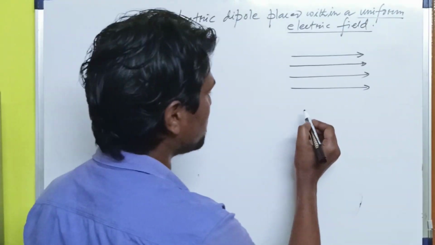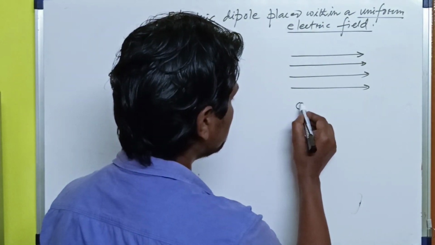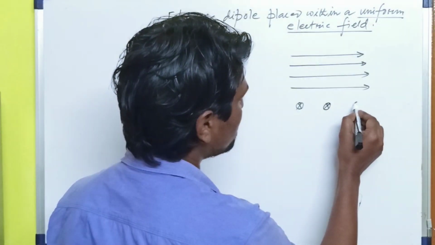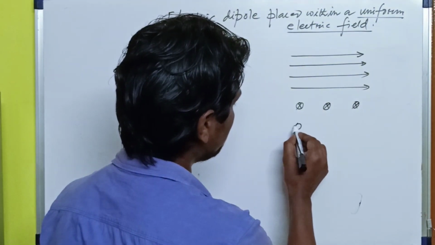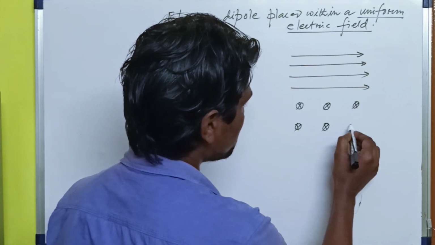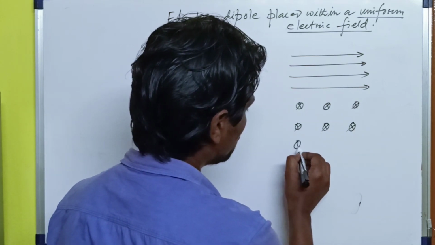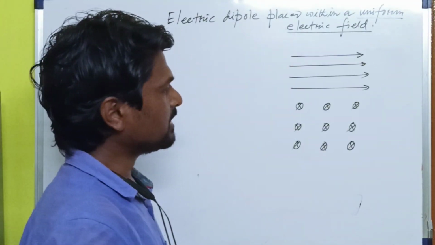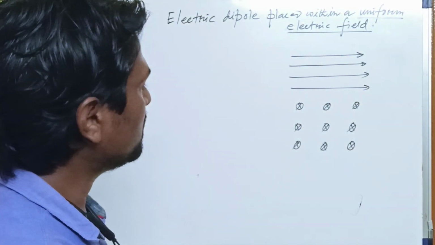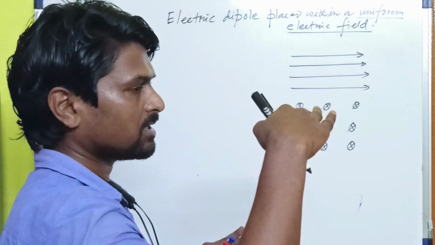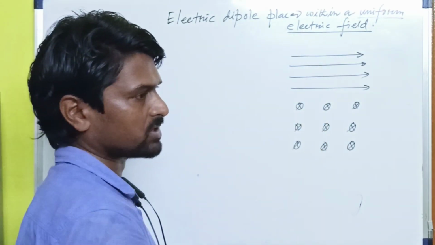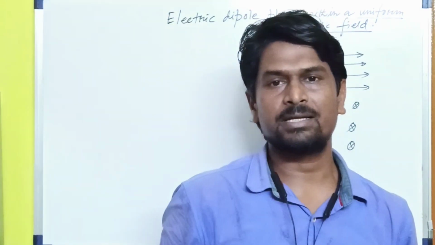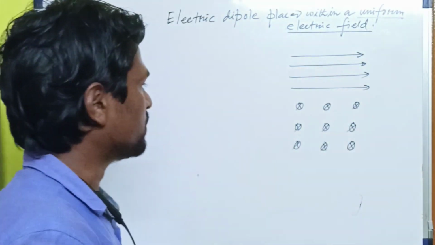If it is inward, then we can represent it like that, with equidistant crosses. Equidistant crosses mean it is also a uniform electric field, but directed away from the viewer.